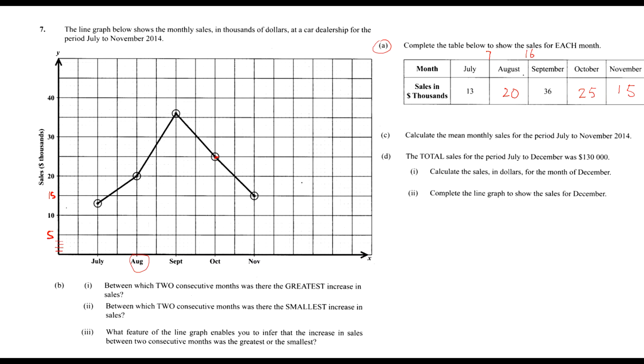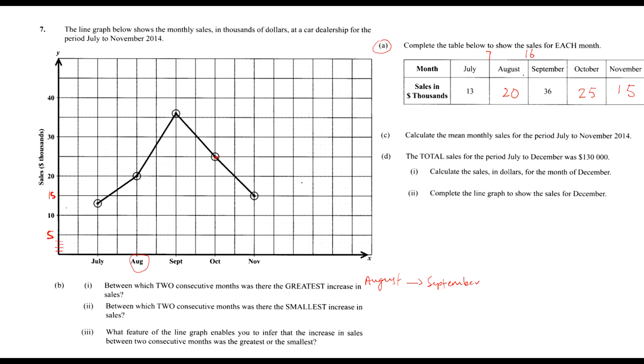And September to October, it's a decrease, and October to November, it's also a decrease. So between which two consecutive months do you have the greatest increase? So that will be from August to September, right? Because you have an increase of 16.